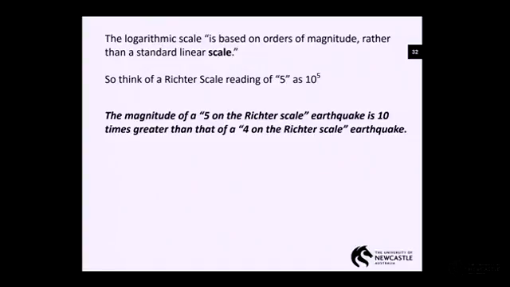So when you hear a Richter scale of 5, it's not really a 5 but a 10 to the 5. If you heard someone had an earthquake of magnitude 5 and someone had one of magnitude 4, the first thing you think is, this sounds like one difference, but it's actually 10 times greater.